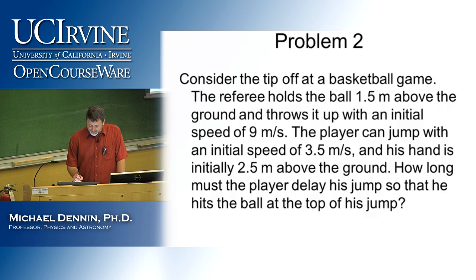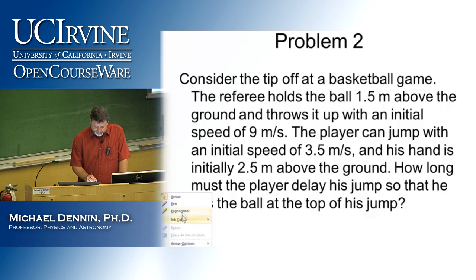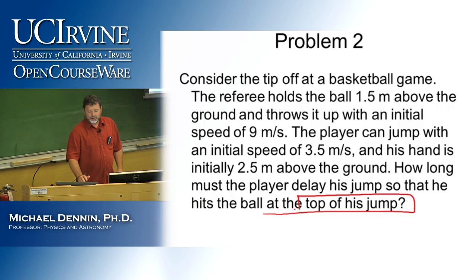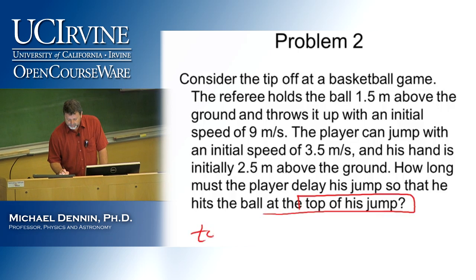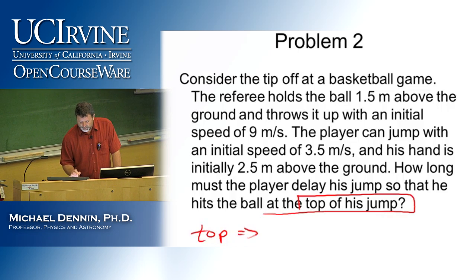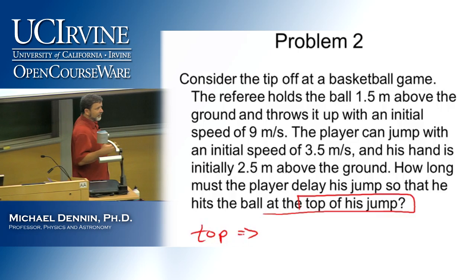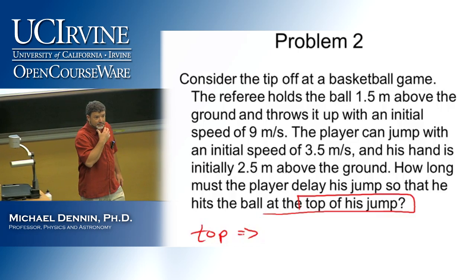The first thing is that this is a problem where the question is related to the top of the jump. So can someone remind me what it means to be at the top of our motion if we're jumping or moving through space?